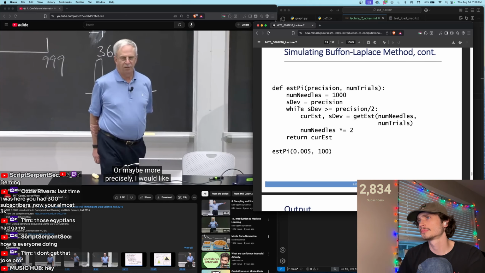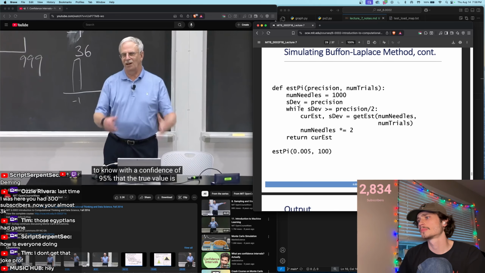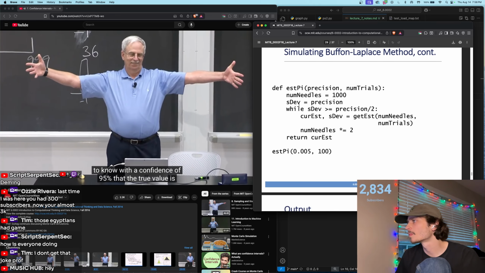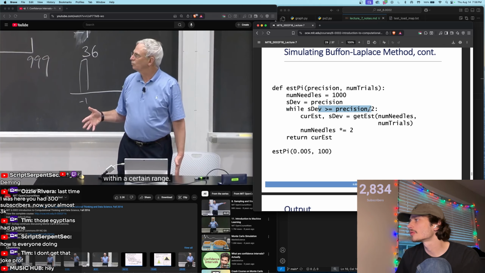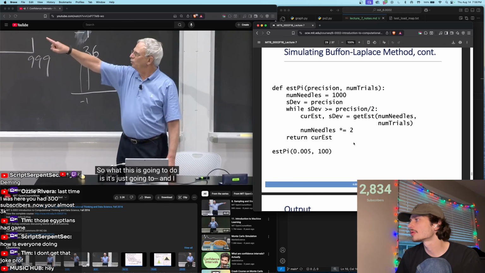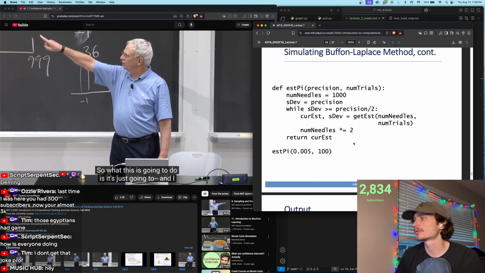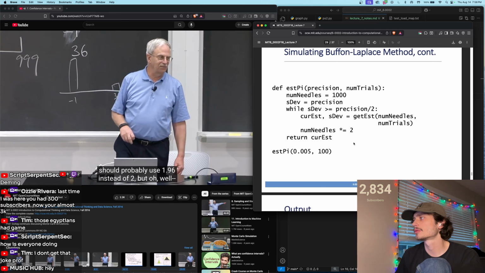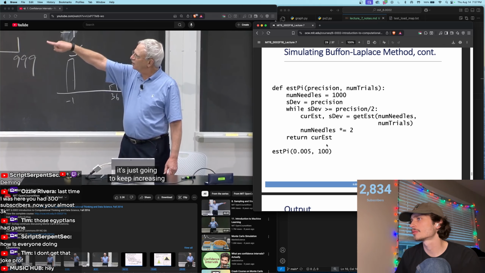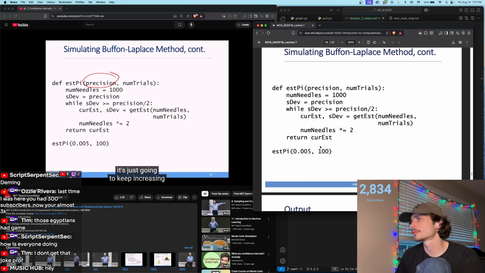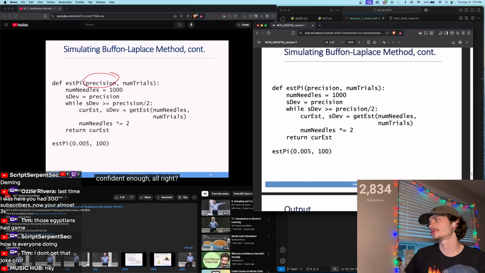Or maybe more precisely, I'd like to know with a confidence of 95% that the true value is within a certain range. I should have probably used 1.96 instead of 2, but oh well. It's just going to keep increasing the number of needles, doubling the number of needles, until it's confident enough about the estimate. Until we reach a precision.